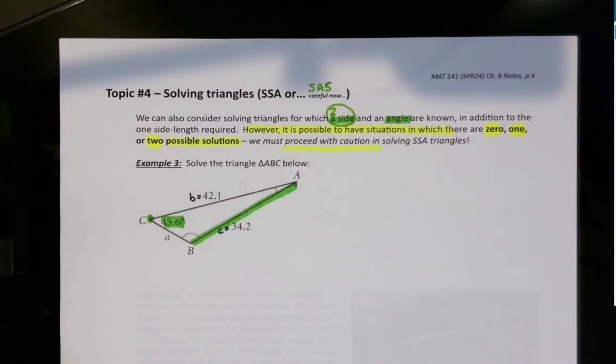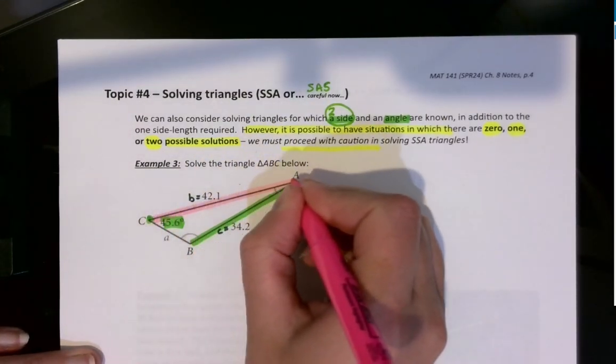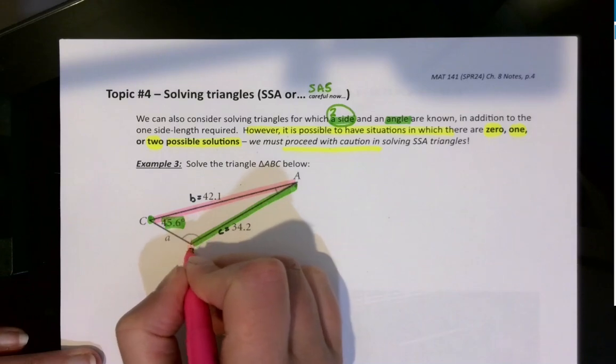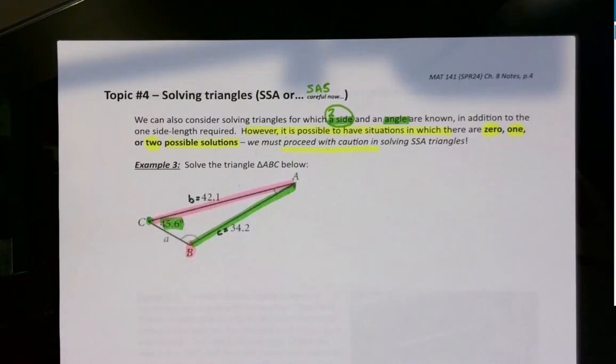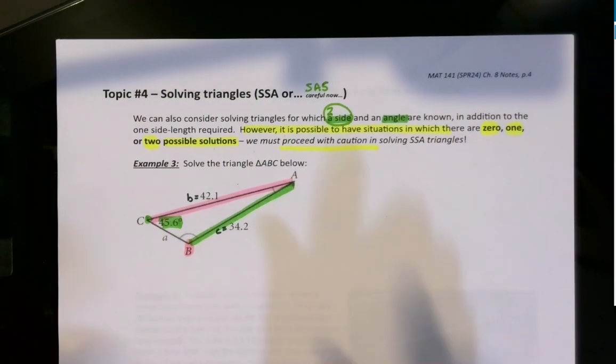And there's actually only one thing that I could possibly find first here. Because I know side B, I'm going to have to find angle B first. I can't find anything about A since I know neither part of its pairing.